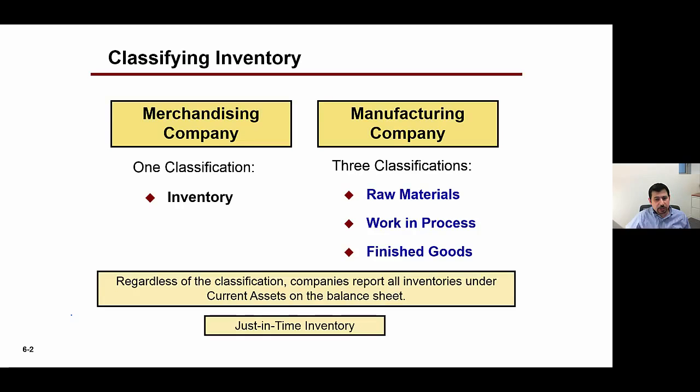There's also another kind of inventory that is called just-in-time inventory. One of the most famous companies that does that is Dell Computers. What Dell did was link their accounting system to their suppliers' systems.